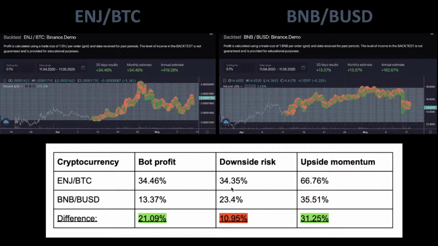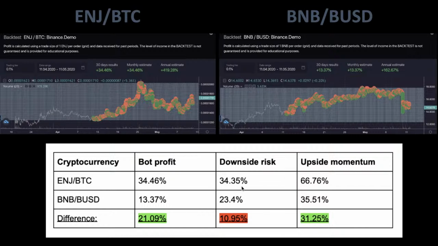So how to choose the right cryptocurrency pair for you? If you are looking for maximized return but you are indifferent towards the risk, then you should consider ETH, because you see that it had a higher bot profit and it had a higher upside momentum.